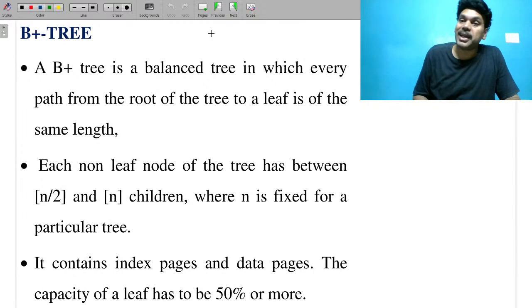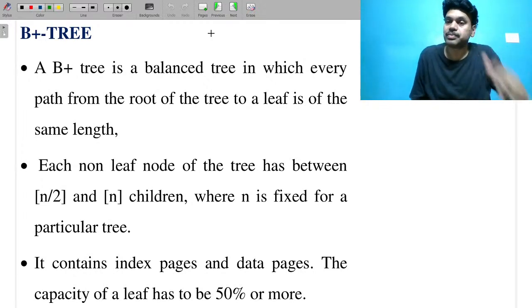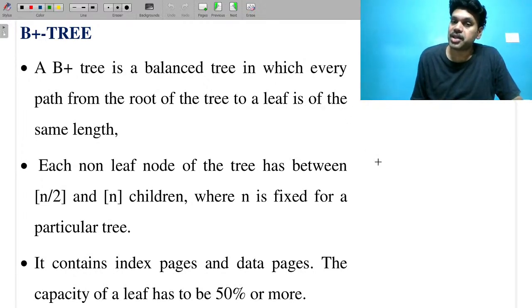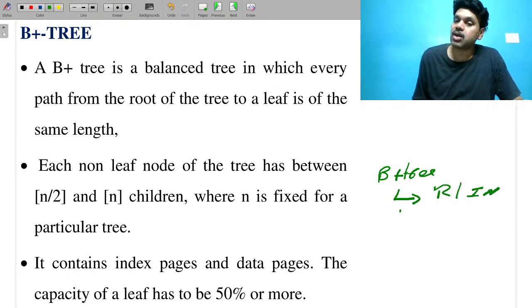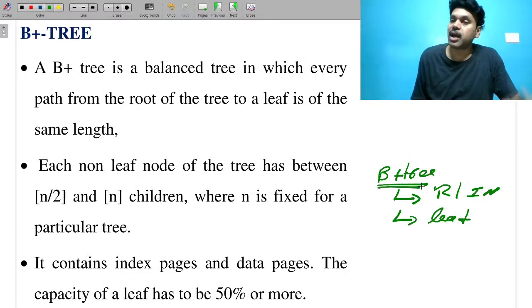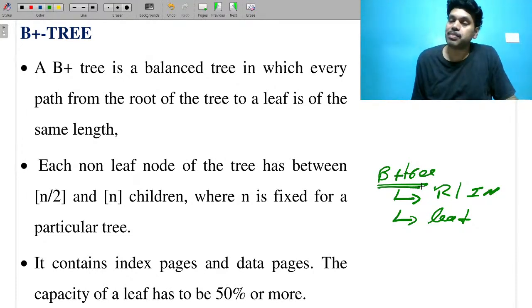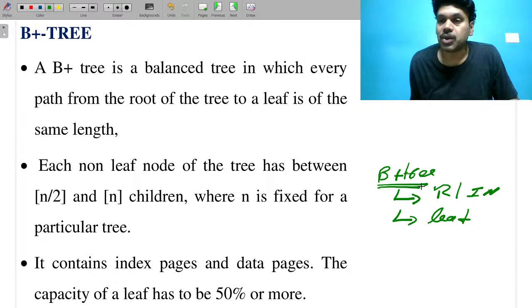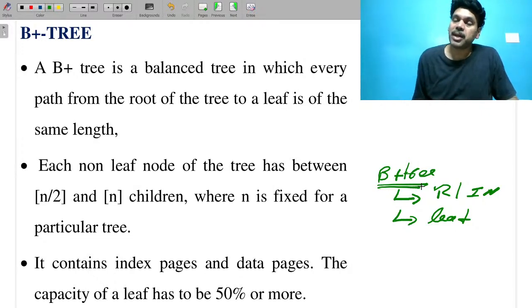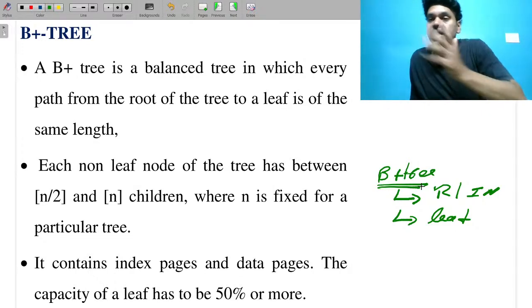That's why B plus tree needs 2 orders. Understand carefully. What are the 2 orders? One order for the root and internal nodes, and another order for the leaf node. But in a B tree, you have only one order which applies to all your nodes. It may be a root, an internal node, or a leaf node, because the structure everywhere is the same.